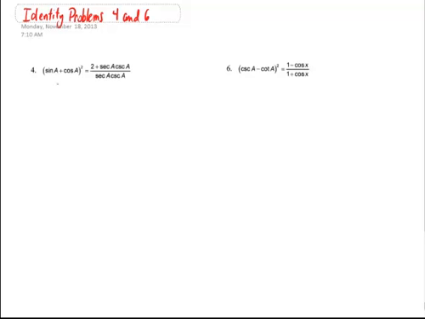So on number 4, we're going to start with the left side, and we're going to just FOIL or multiply sine of A plus cosine of A. We're just going to square that out.